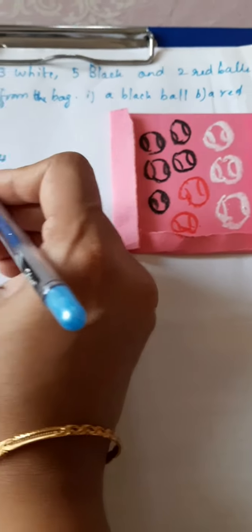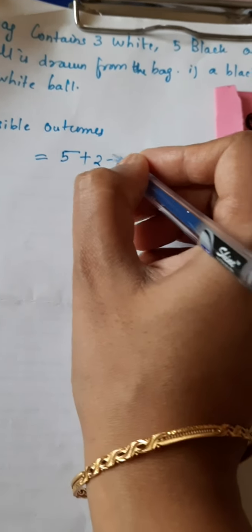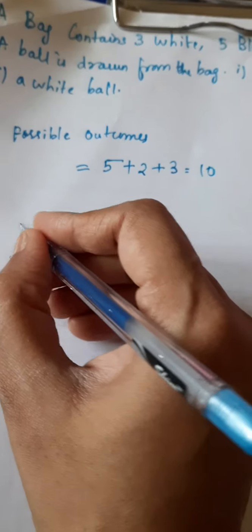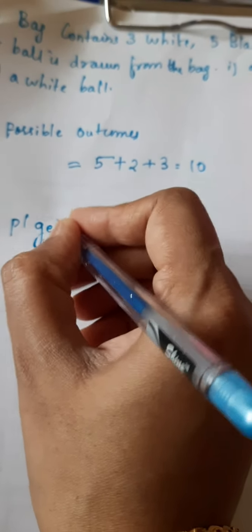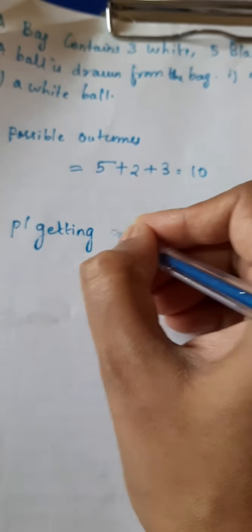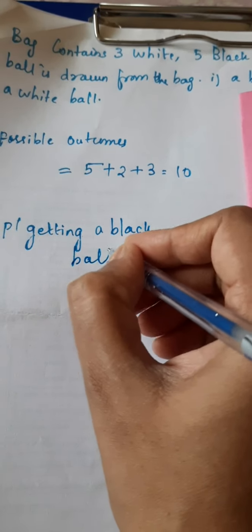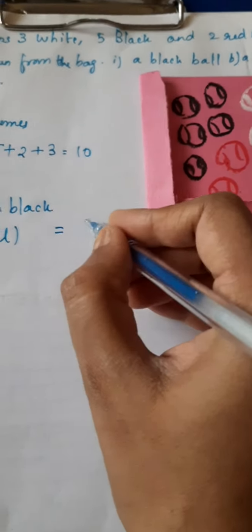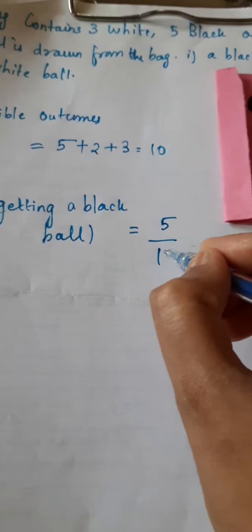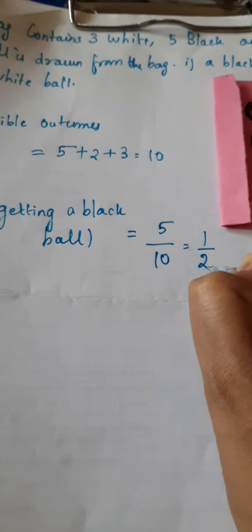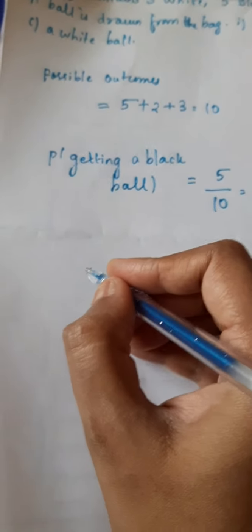That's going to be 5 black balls, 2 red balls and 3 white balls. That's equal to 10. So probability of getting a black ball is equal to, there are 5 black balls, so 5 by 10. Further simplifying, it becomes 1 by 2.